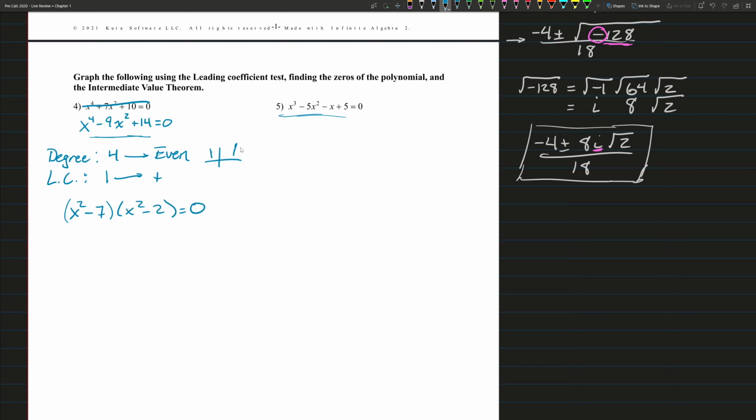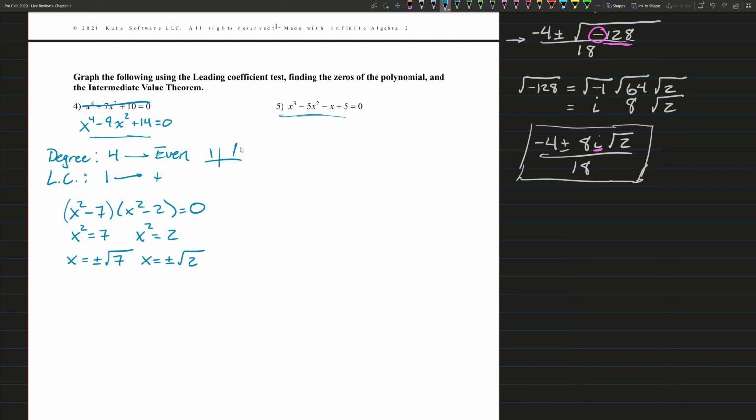Set each of those equal to 0 and solve. And we get plus or minus rad 7 and plus or minus rad 2. So that's the second part, right?